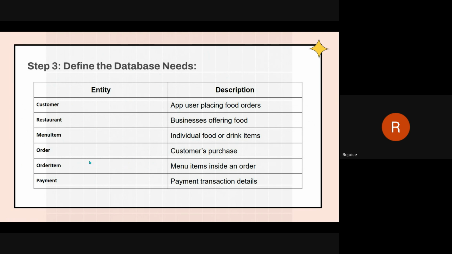The order is for the customer, order items are the items in the menu, and then payments, right? So basically these are the entities that you want to be working with on your database, and each of them is going to have different attributes, if you remember what we talked about when we looked at the database schema.